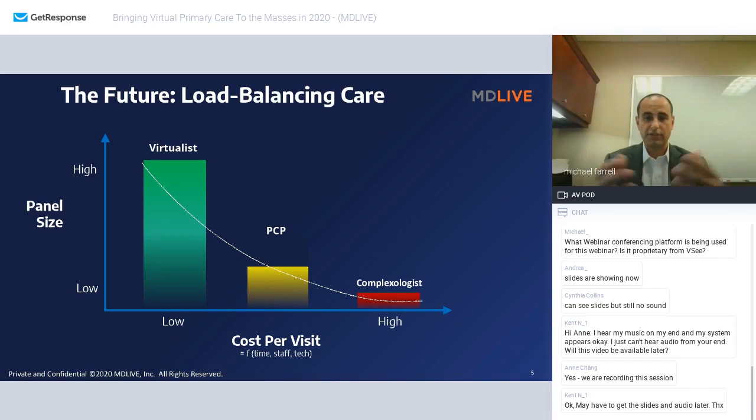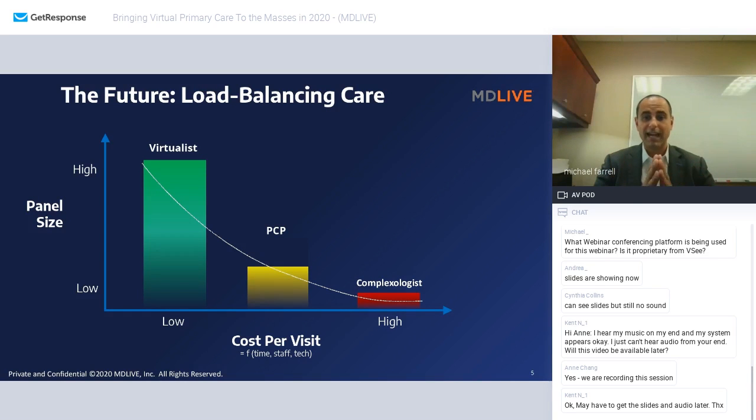So we believe that there's going to be a rise of the virtualist. There's an inflection point that's happened within the past year to where the payers, the consumers, the provider market, and regulatory reimbursement have come together to really announce the rise of the virtualist.